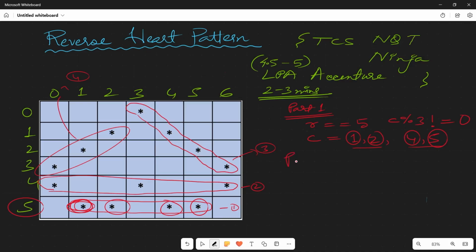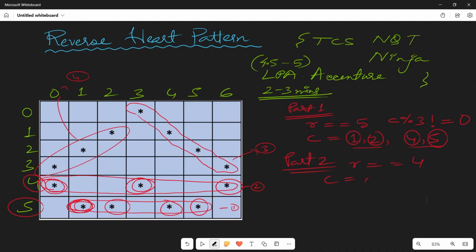Okay, let's now go to the part 2. In part 2, what do you see? The row number is 4. Okay, r equal to 4. And if you see carefully, the column numbers are 0, 3 and 6. Is it just the opposite of the last case that we had?